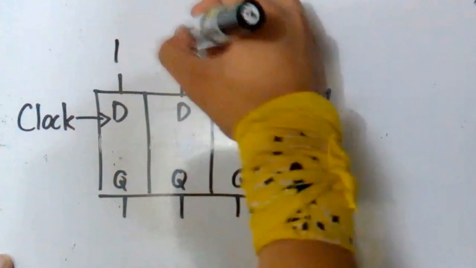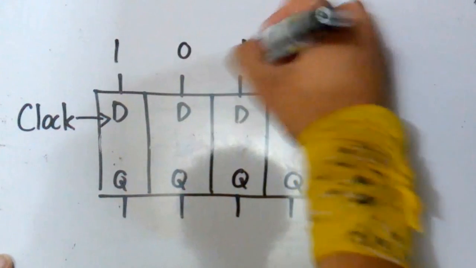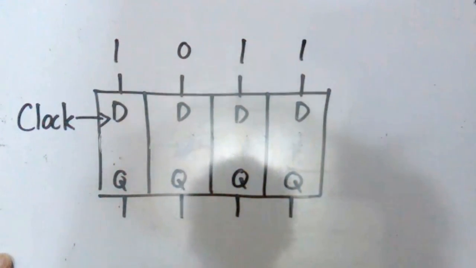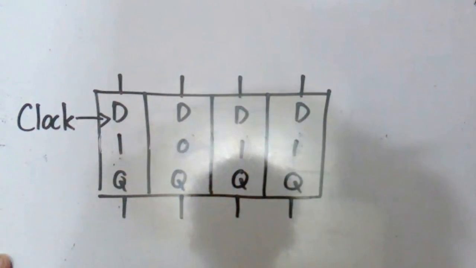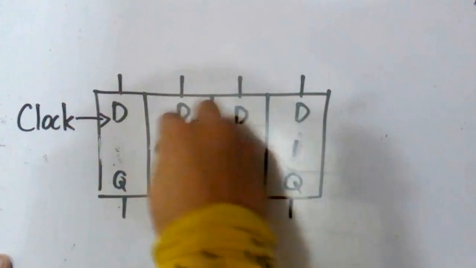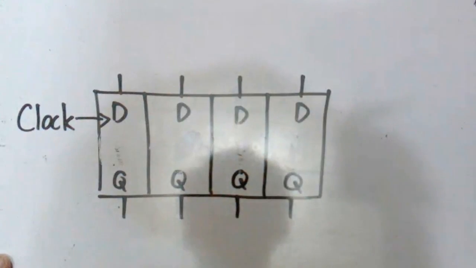on the register. For instance, if we try to input 1, 0, 1, 1 into our 4-bit register, it will be stored in the register after 1 clock. Then, it will be reset after another clock pulse.